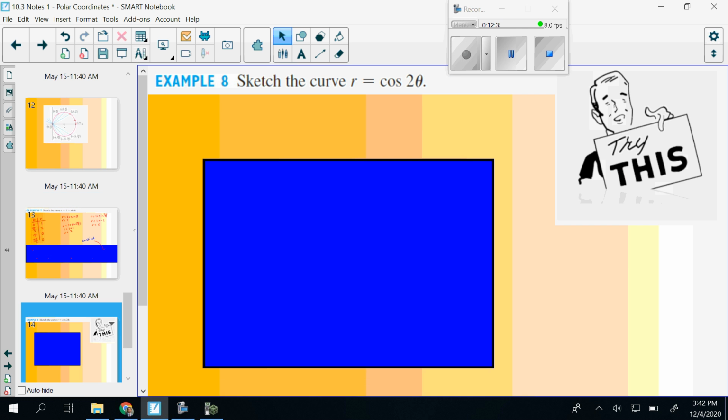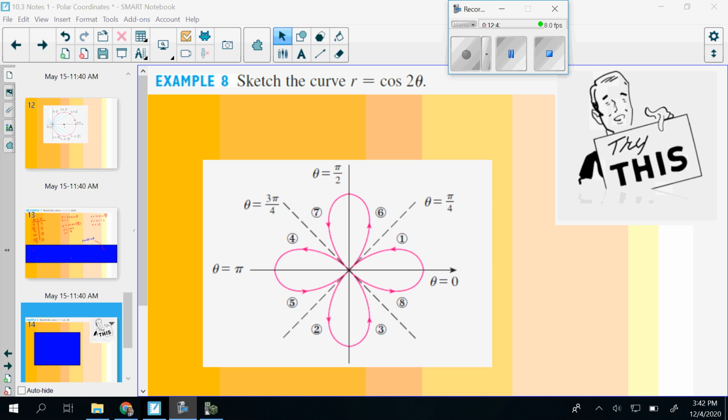One more. Why don't you pause the video here and put this one in your calculator and see what you get. All right, if you put it in correctly, you should be getting this clover leaf shape, which is a fun little polar graph here. So again, if you put in 0, 2 times 0 is 0, cosine 0 is 1.